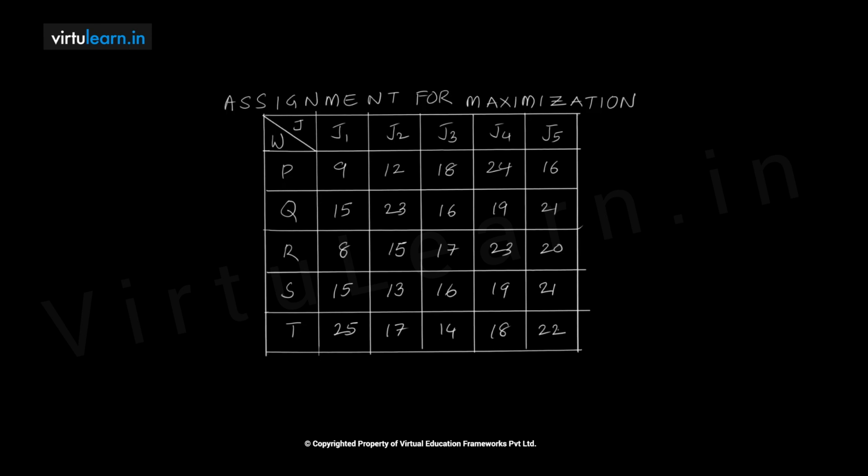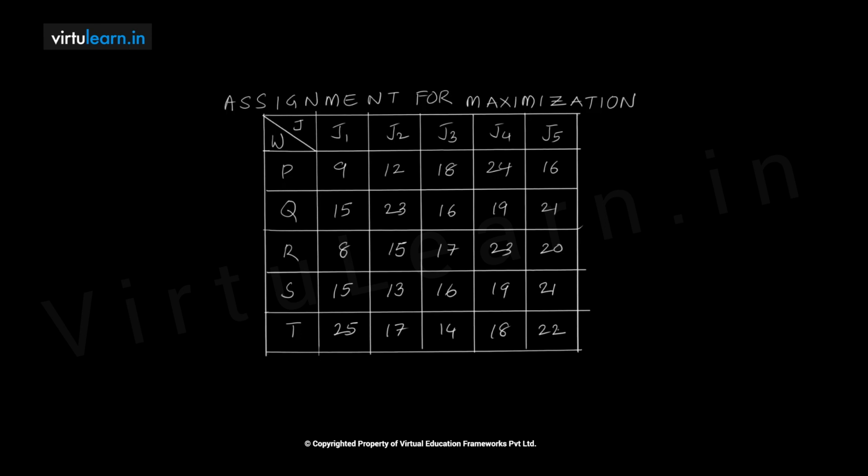Anyhow, in this problem we will see how we are going to solve it. When a maximization problem is given, first of all we have to convert it into a minimization problem.